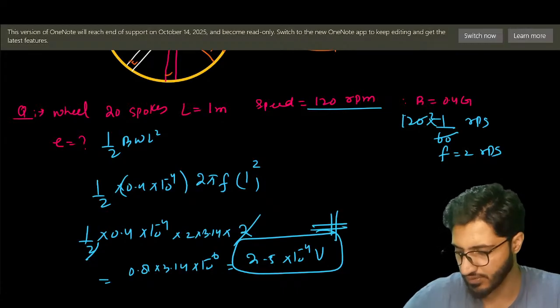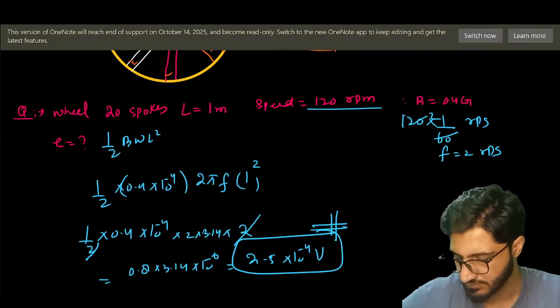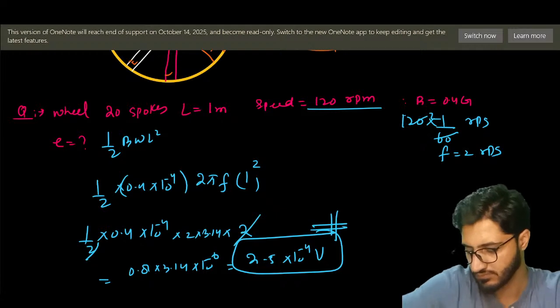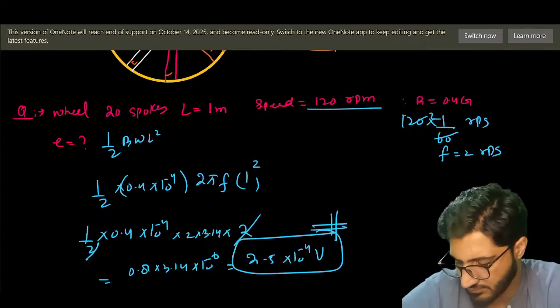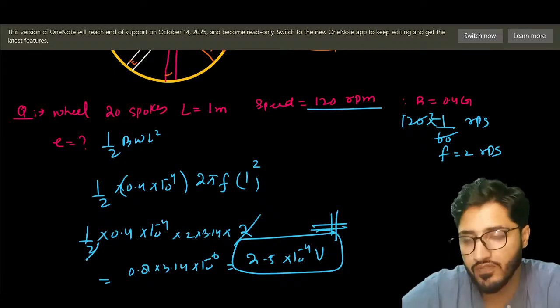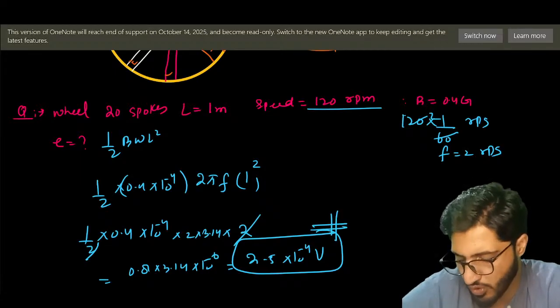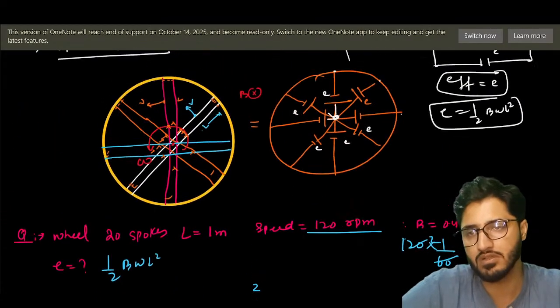Is my signal visible to you? This one? This one or the wheel one? Which one? The spokes one or this one? This one now?